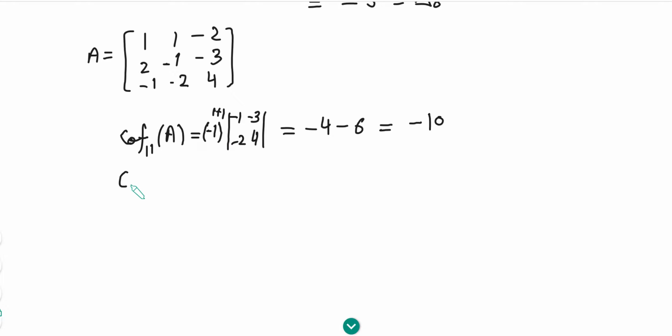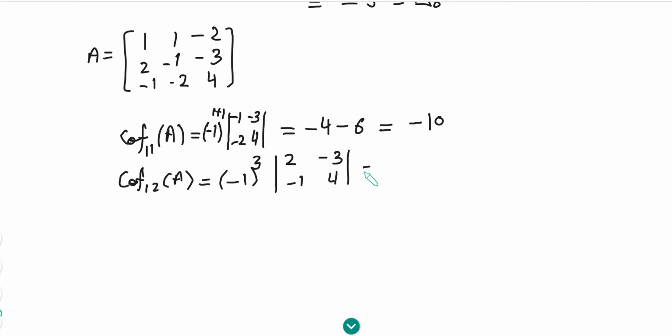Now similarly we can find the cofactor 1 2 of A. First of all we decide the sign. Negative 1 power 1 plus 2 is 3, so negative 1 cubed is negative. Now what will the minor be? The first row gone, second column gone. So we are left with 2, negative 3, negative 1 and 4.